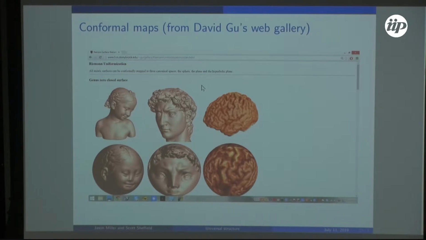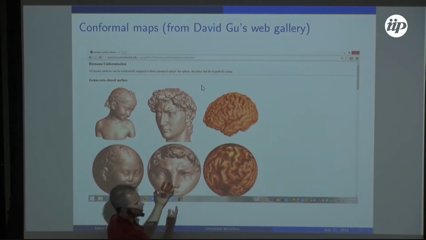So now, important story when we try to understand these things. If I give you any two-dimensional surface, like, say, the boundary of the head of Michelangelo's David, you can apply a conformal map that sends that surface to a sphere.